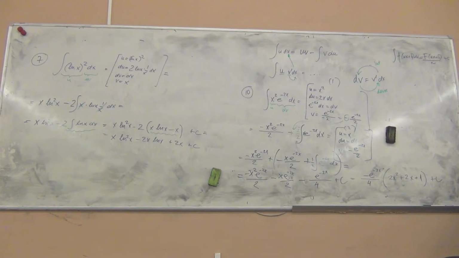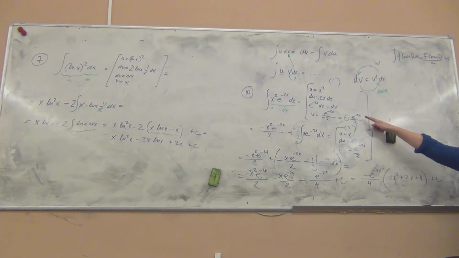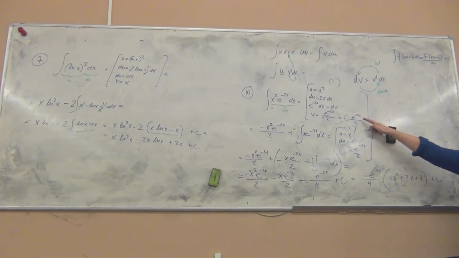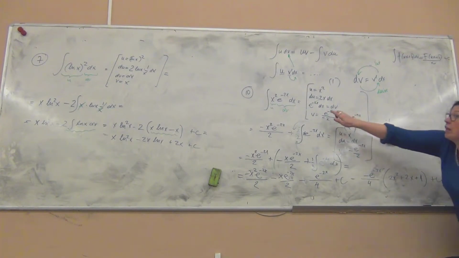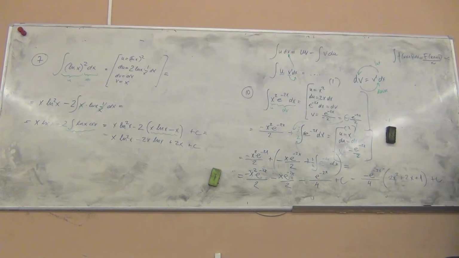The second most common mistake, forgetting to divide by the constant k, by the coefficient k. Third most common mistake, forgetting to integrate, simply taking this for v. But basically, as I said, this is the most important part of all.